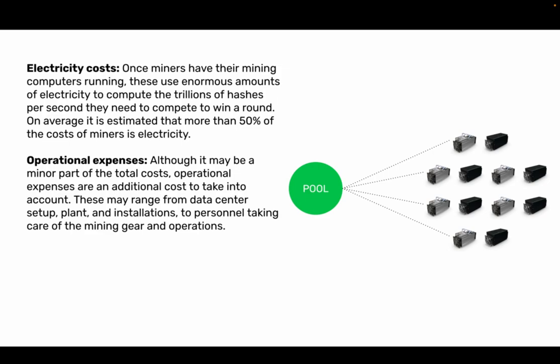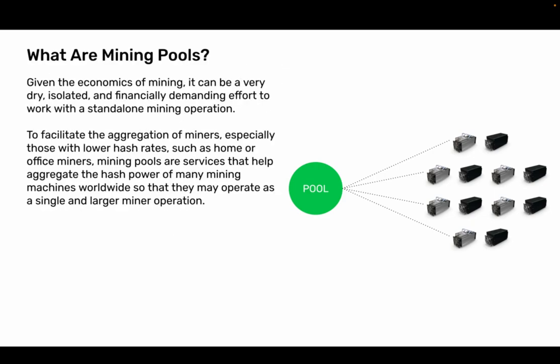Operational expenses. Although it may be a minor part of the total costs, operational expenses are an additional cost to take into account. These may range from data center setup, plant and installations, to personnel taking care of the mining gear and operations. What are mining pools?